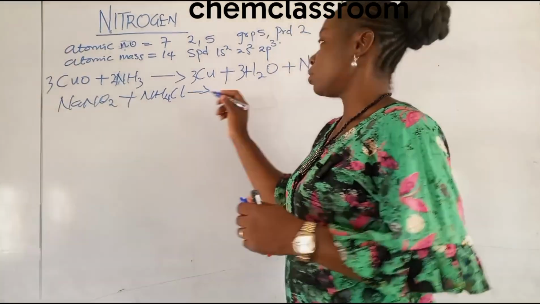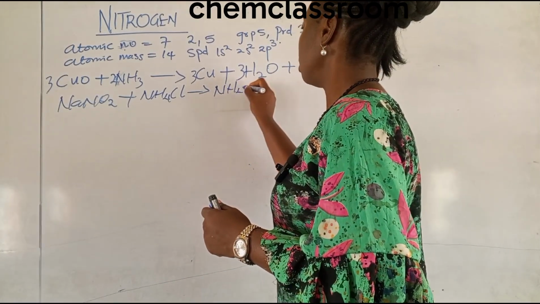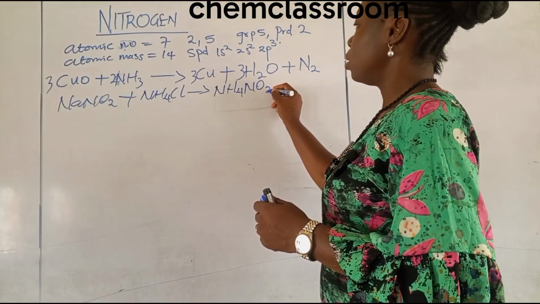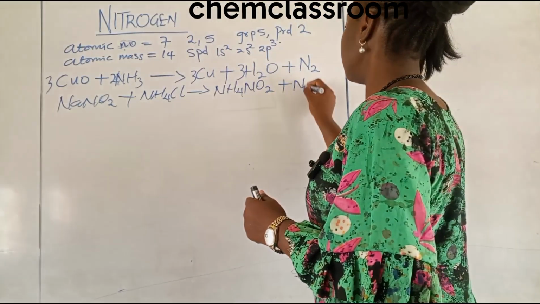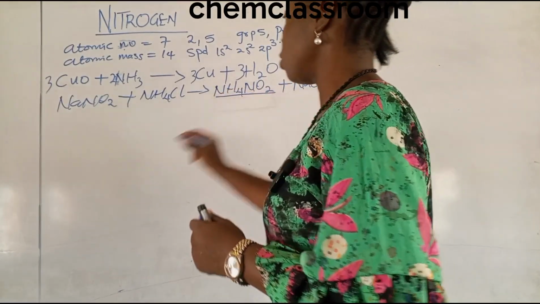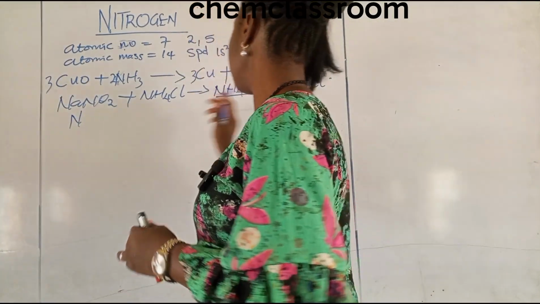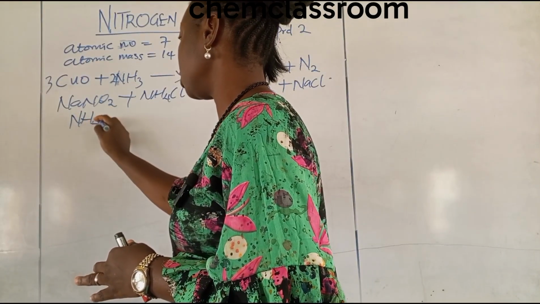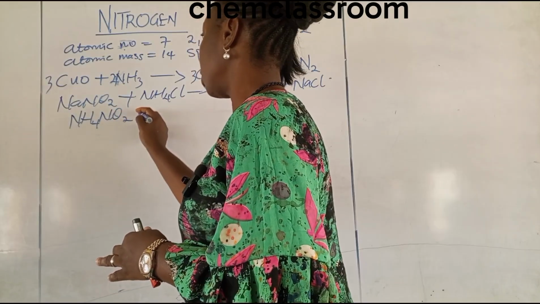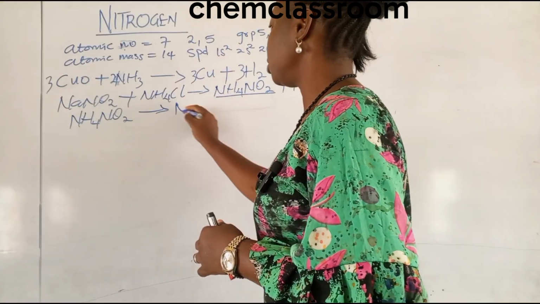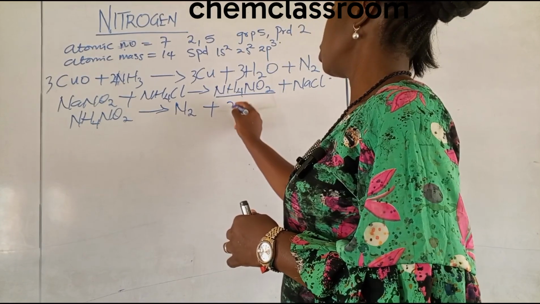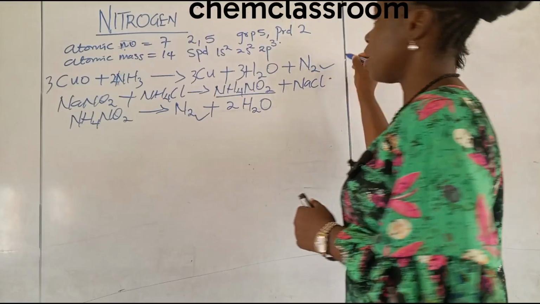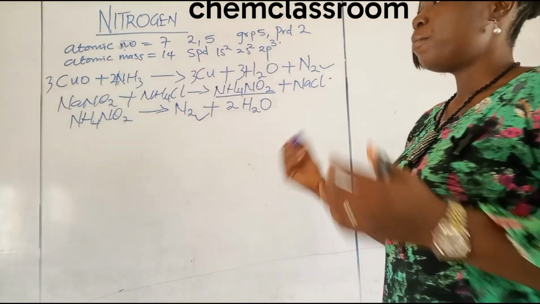So it will first give us the ammonium nitrite plus NaCl. So this will now decompose, and the decomposition should be done with care because the reaction is very rapid. It can explode. Okay, so we now have our nitrogen plus what? H2O.